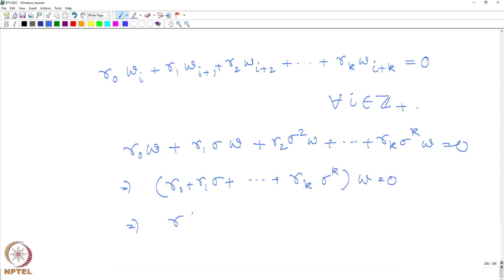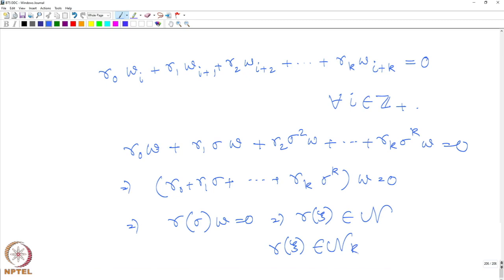Which means R(sigma) W is equal to 0, which means R(xi) belongs to N. But the degree constraint tells me that R(xi) in fact belongs to Nk, because the degree of R(xi) is less than or equal to k. Okay, so you see the two sets are equal.